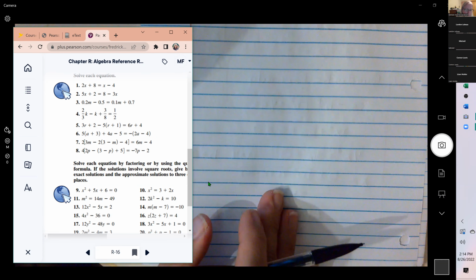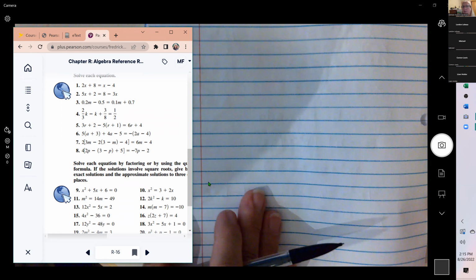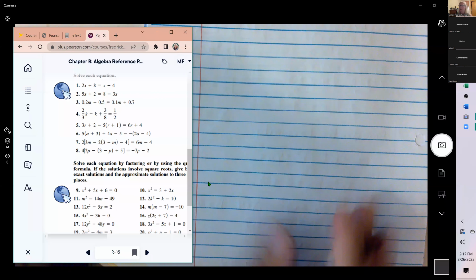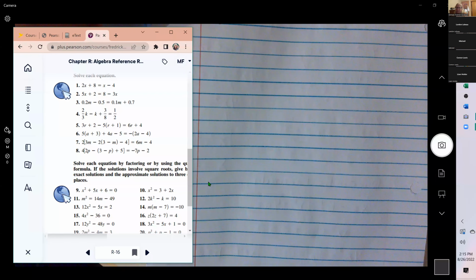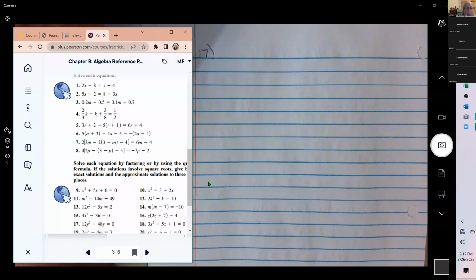Number 17. 17 looks complicated because notice there's not 3 terms. 12y squared.